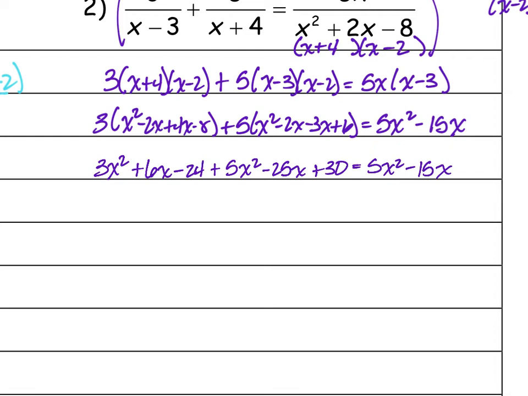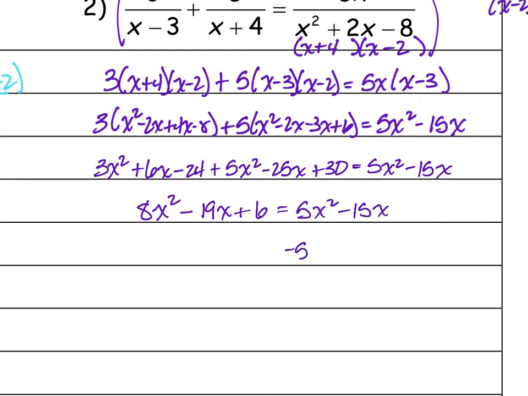Okay, I'm going to combine all my like terms on the left hand side of the equation. So I think that's 8x squared minus 19x plus 6 equals 5x squared minus 15x.